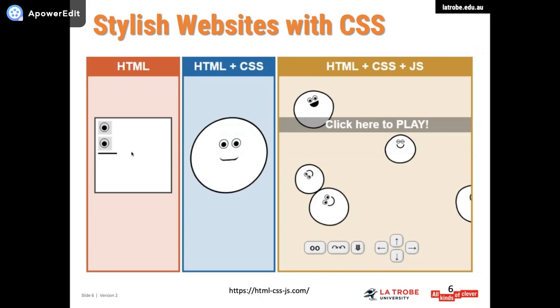By using HTML plus CSS, we can have more precise control of all the elements. Then we can use this to draw the face. So that's the important thing about CSS. In this lecture, I will tell you how to decorate your website by using CSS, this scripting language.